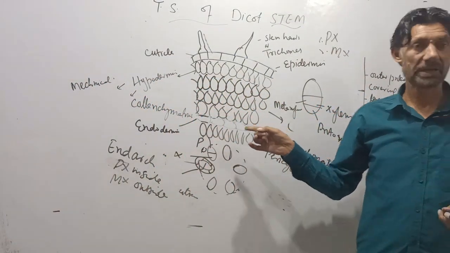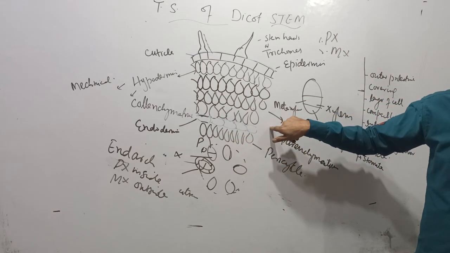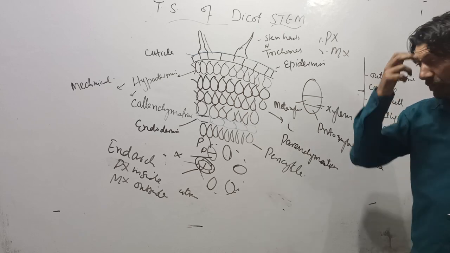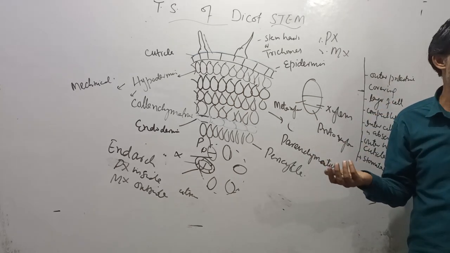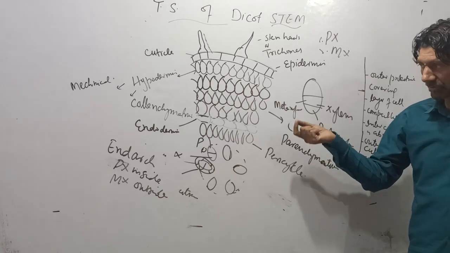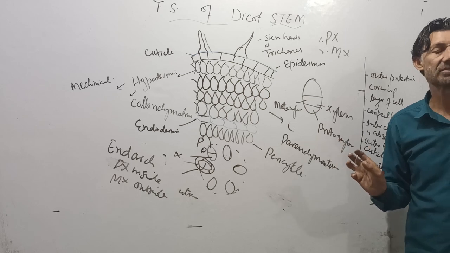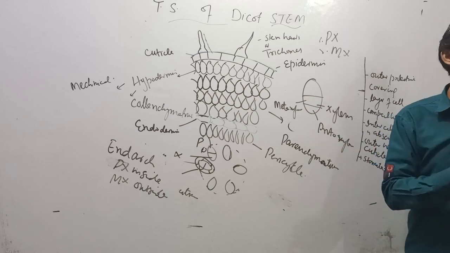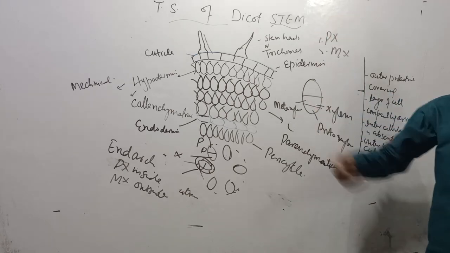This is important for exams. In the stem, the vascular bundle has the endarch condition: the protoxylem is inside and the metaxylem is outside.